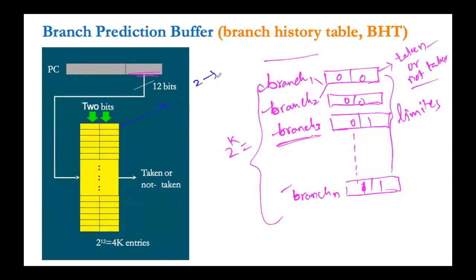As we saw, if it is 2-bit, then we write 2 to the power of 2, which is 4 states. If it is a 3-bit saturating counter branch prediction buffer, then we write 2 to the power of 3, which is 8 states, and so on.